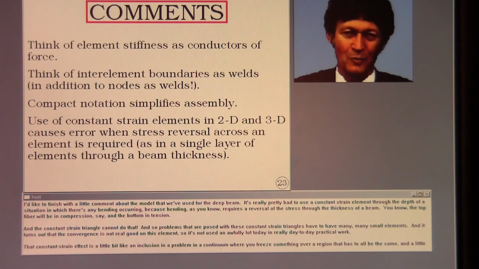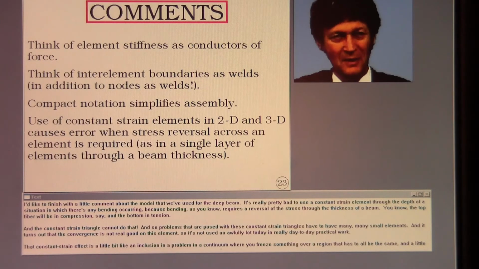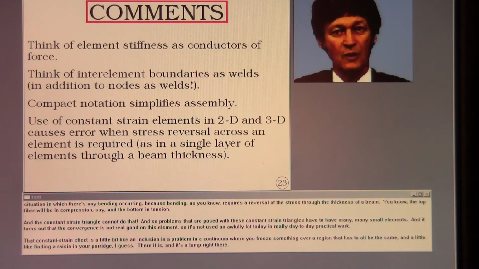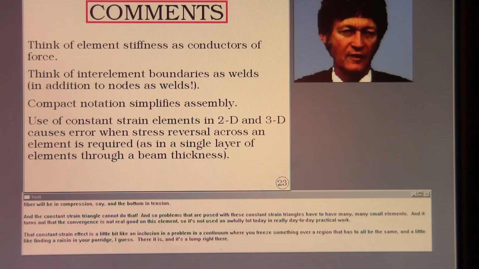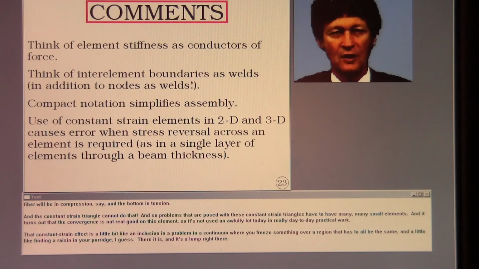You know, the top fiber will be in compression, say, and the bottom in tension. And the constant strain triangle cannot do that. And so problems that are posed with these constant strain triangles have to have many, many small elements. And it turns out the convergence is not real good on this element. So it's not used an awfully lot today in really day-to-day practical work.